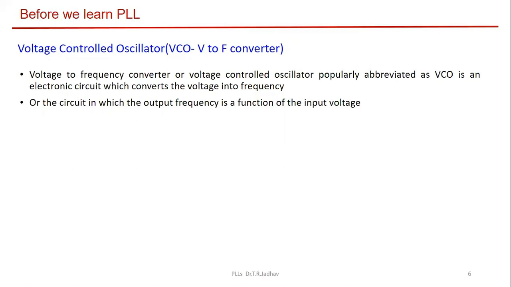Now in an oscillator, you must have seen that every oscillator has its own frequency, which depends upon timing components, and most of the time we see that the timing components are resistors and capacitors.